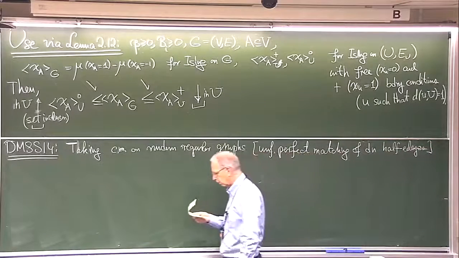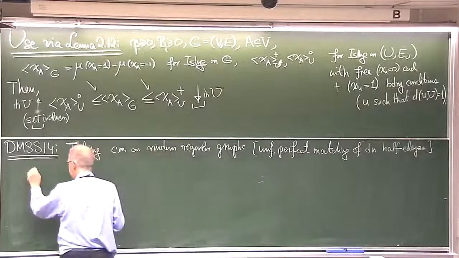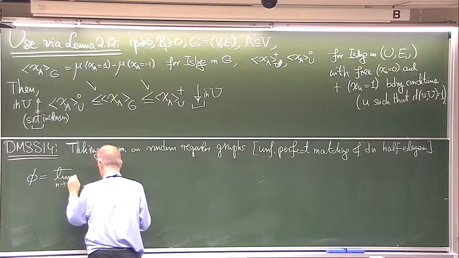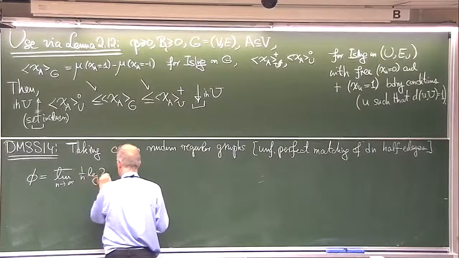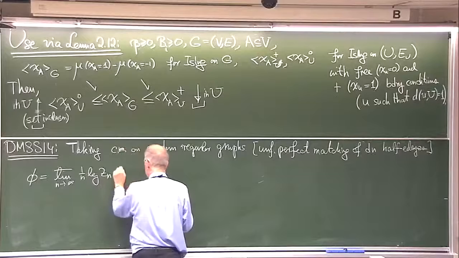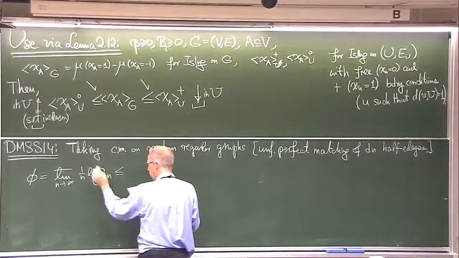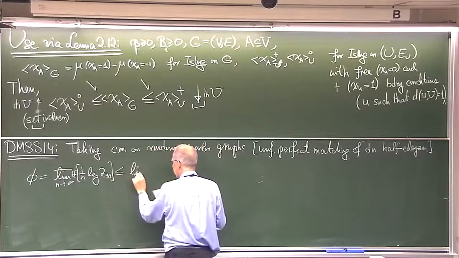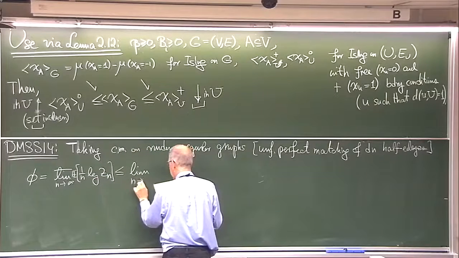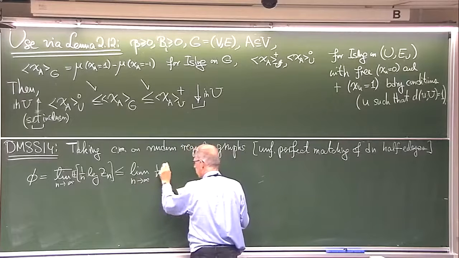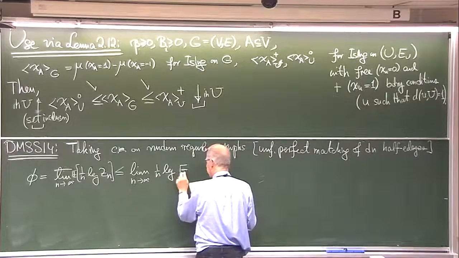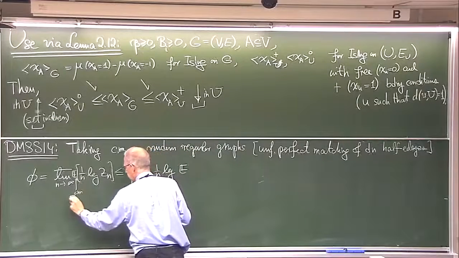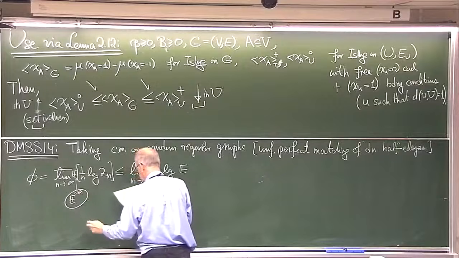So if you take this uniform model, and call P the limsup as n goes to infinity of 1 over n log n of this quantity, this is going to be, of course, less or equal. Let me put here the expectation, it doesn't really matter. By Jensen, putting the expectation inside, the expectation here is over the graph.